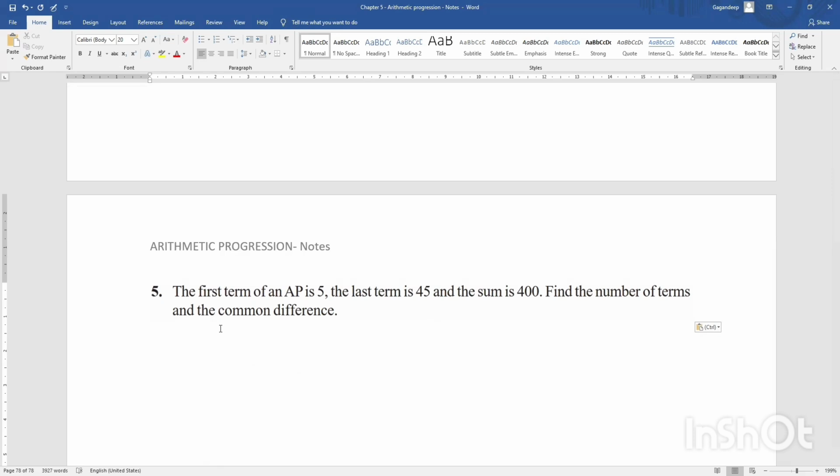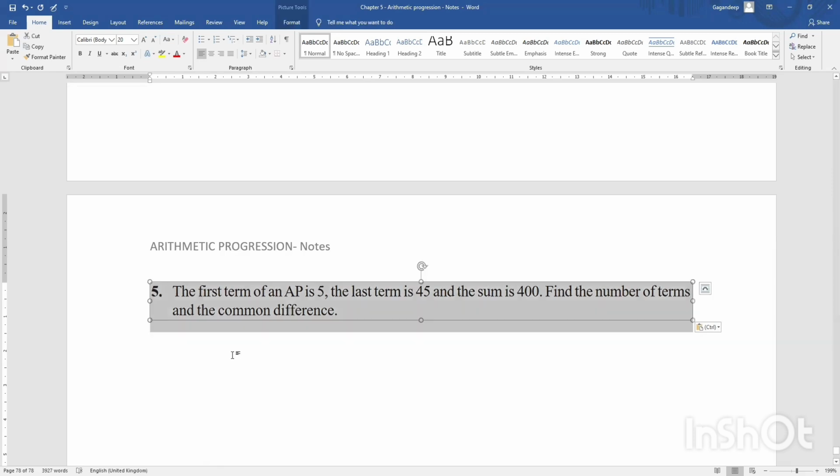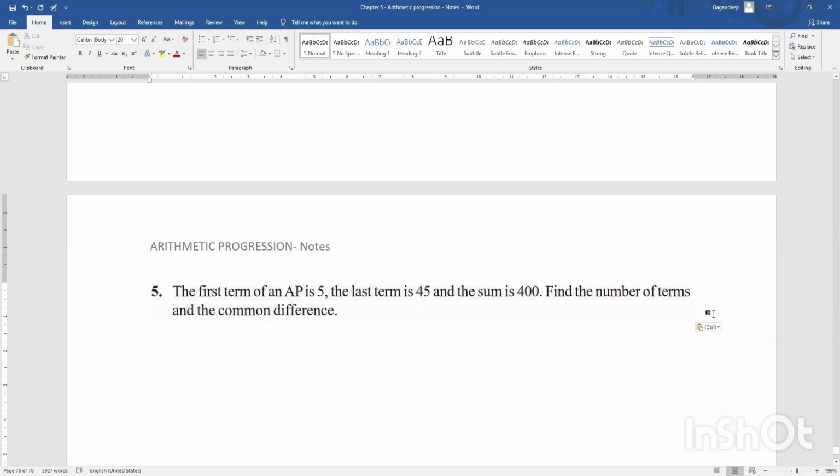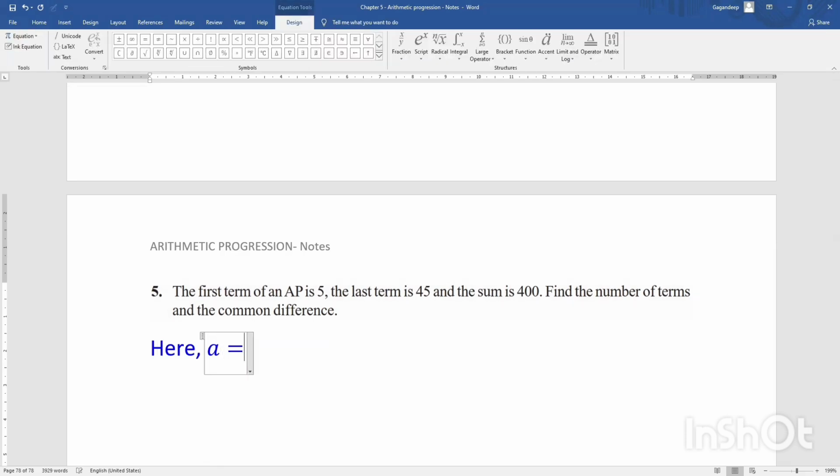Okay, so let us write down what is given here. So here we have a equals 5 because the first term is 5, and then we have an, which is also nothing but l, which is nothing but 45.